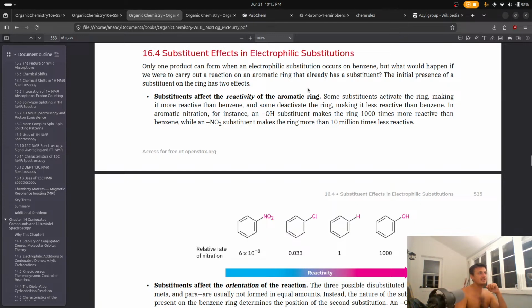Substituents affect the reactivity of the aromatic ring. Some substituents activate the ring, making it more reactive than benzene. Some deactivate the ring, making it less reactive than benzene. In aromatic nitration, for instance, a hydroxyl substituent makes the ring 1,000 times more reactive than benzene, while an NO2 substituent makes the ring more than 10 million times less reactive.